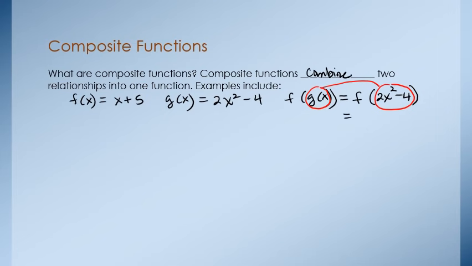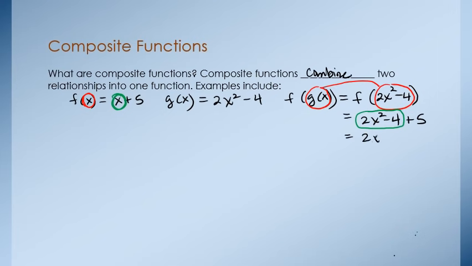Then we would take 2x squared minus 4 as our new input of the f function, and so this would become 2x squared minus 4 plus 5. In other words, this x that was x plus 5, you should think of it as an input plus 5. So my input is 2x squared minus 4, still plus 5.